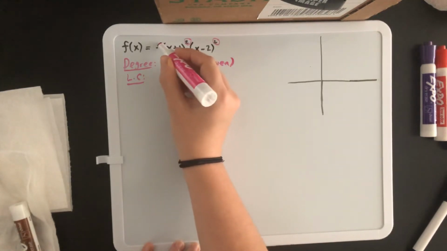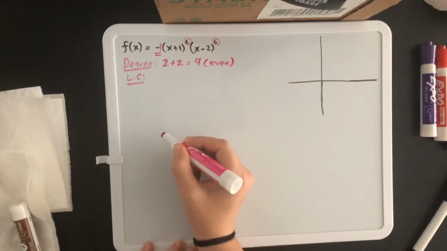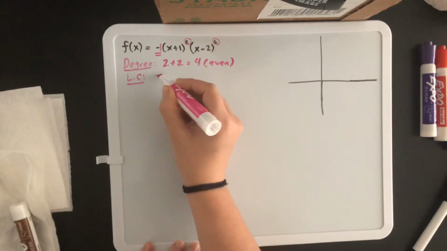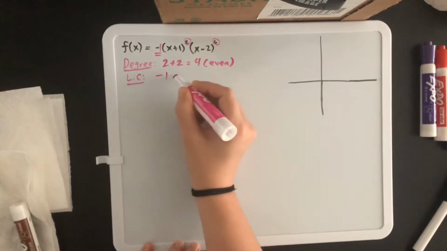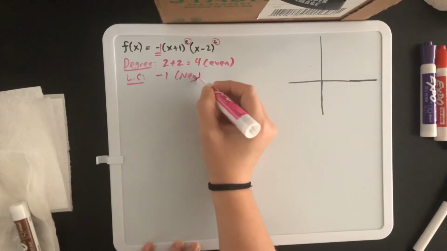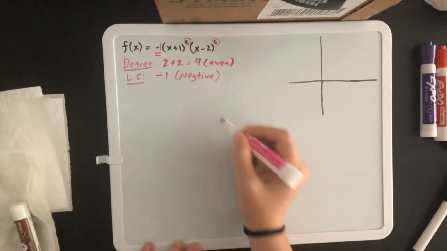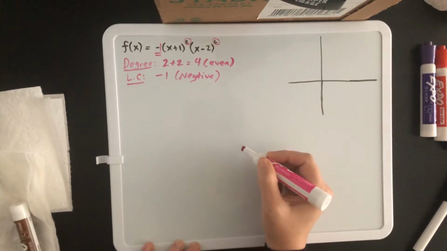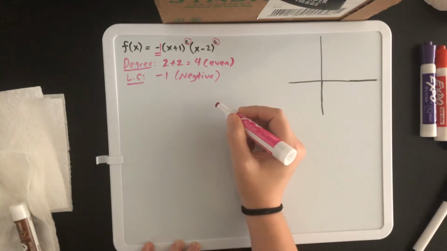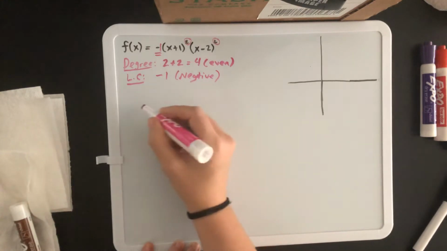In other words, this negative 1 in front is your leading coefficient. Because it's negative, and the degree of the polynomial is even, at the extremes, as x goes to the left forever, our graph should be going down forever. So it should look like this.